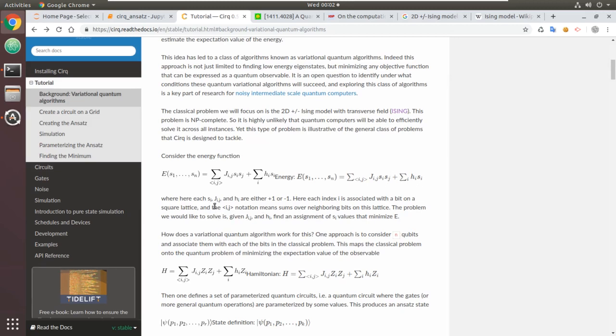Where each S_i, J_ij and H_i are either plus one or minus one. Here, each index is associated with a bit on a square lattice exactly, and the ij notation means sums over neighboring bits on this lattice.